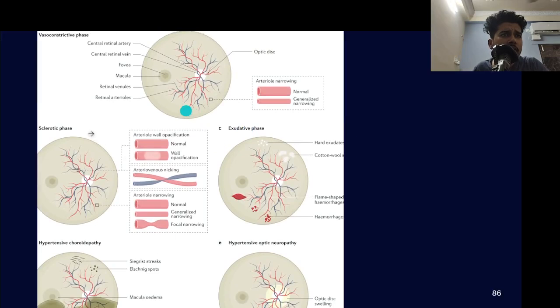Here we have some other images showing other findings, for example in hypertensive disease, and then the vasoconstrictive phase of the disease, and yeah, we'll move on.